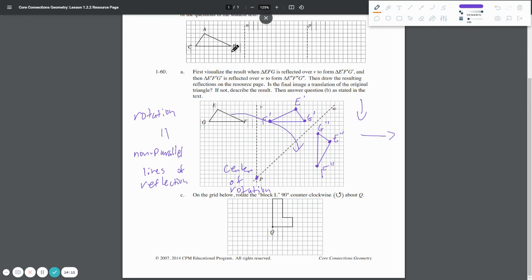For part 1-59, when you have parallel lines of reflection, again, what do we say that this transformation was? It is a translation. Okay? So parallel lines of reflection, like up here in 1-59, it makes a translation. When it's non-parallel, meaning they intersect, we're going to have a rotation. And the center of rotation is where the two lines intersect.